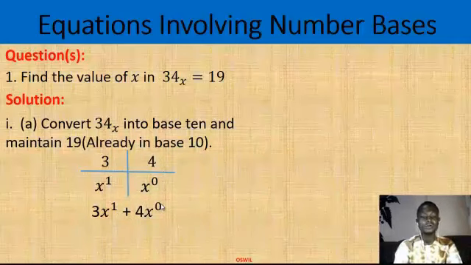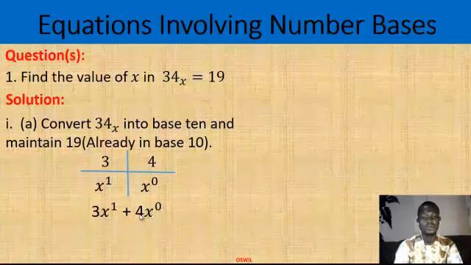But we all know that when a number or a variable is having an index of 1, it's the same as that figure or variable. Therefore, x index 1 would be x, and any number or variable raised to the power 0 apart from 0 itself would give us 1.